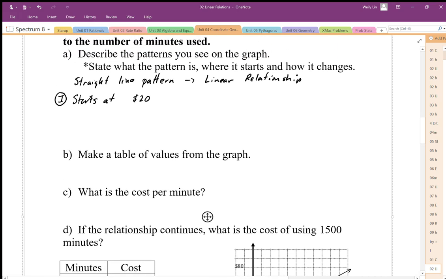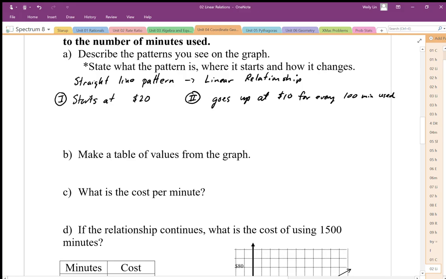To describe that straight line, we want an angle and a fixed point. Our fixed point is that we're starting at $20, and the angle is that it goes up at $10 for every 100 minutes used.